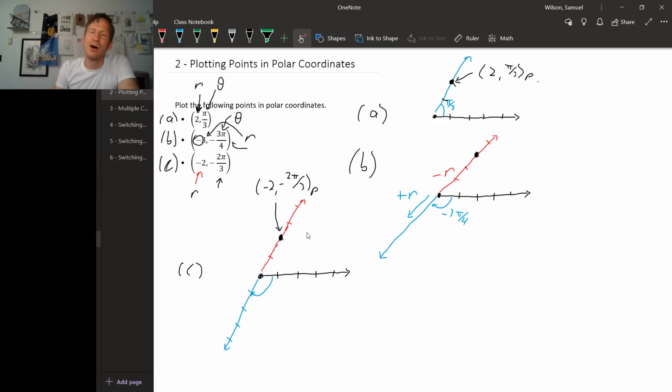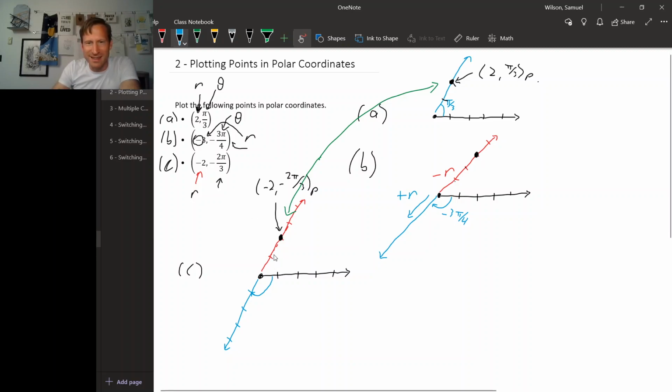All right, well, if you look at all of these examples, there's actually something funny that's happened. The point for A and the point for example C, these are actually the same point. If you measured the angle that this negative axis makes with the polar axis, that's pi over 3.